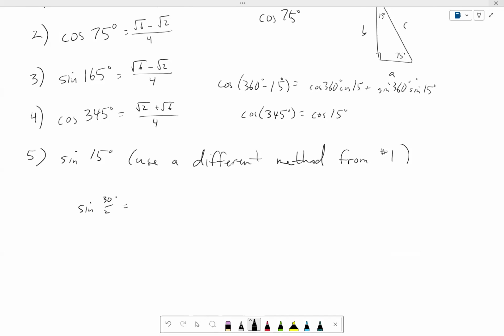It's for sure positive. So please don't put a plus or minus. And if you know where it is, inside it's going to be 1/2 times 1 minus cosine of 30 degrees. Do you have this somewhere? Nice. And that works out to be 1/2, 1 minus cosine of 30 degrees is what? Root 3 over 2.